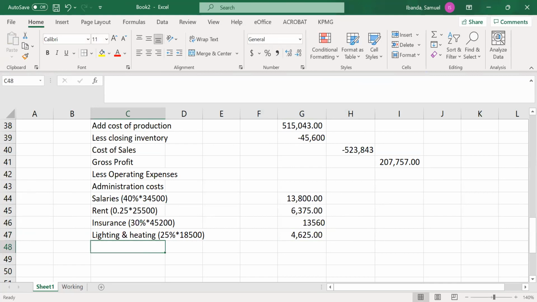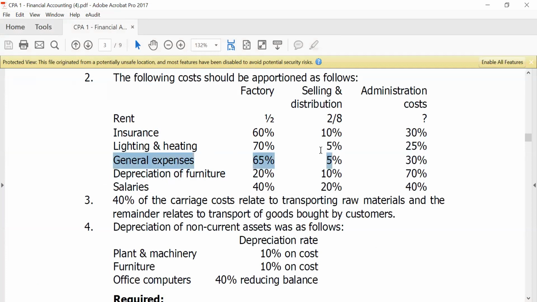And then let's just get another expense. We have general expenses. This is 5%, this is 30%. So again, let's pick this.